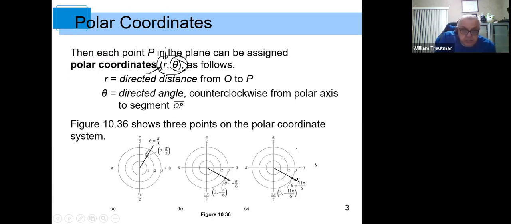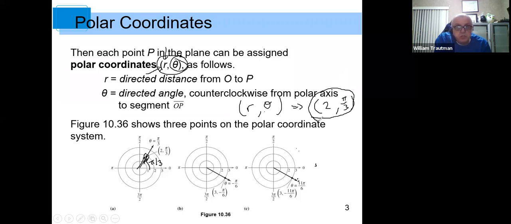So this particular spot, the angle is pi over 3, and R in this case is 2. So this is the polar coordinates of that dot.